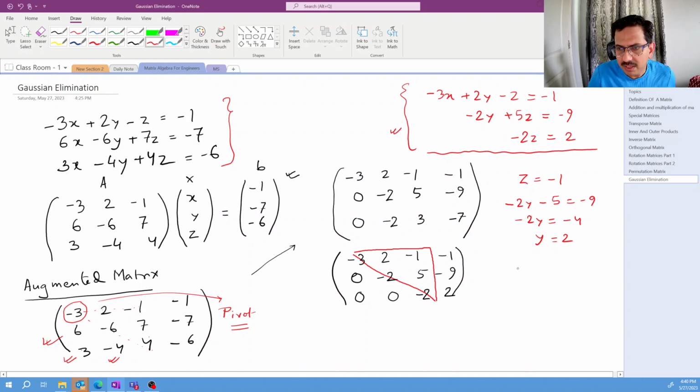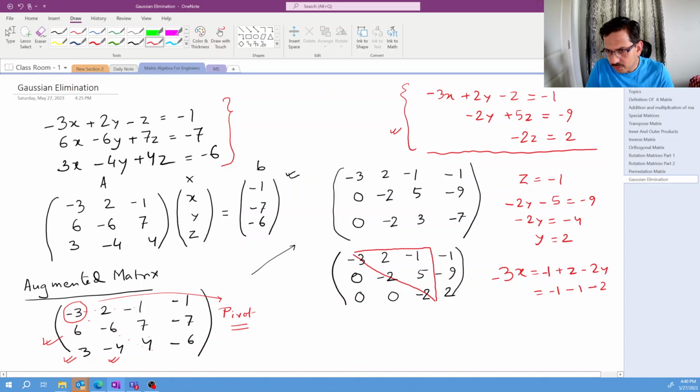Okay. And similar way we can find the x, because now we find y and z. So we just put that thing. So minus 3x equal to 1 minus 1 plus z minus 2y. So if I put the values, minus 1, z is minus 1, minus 2.